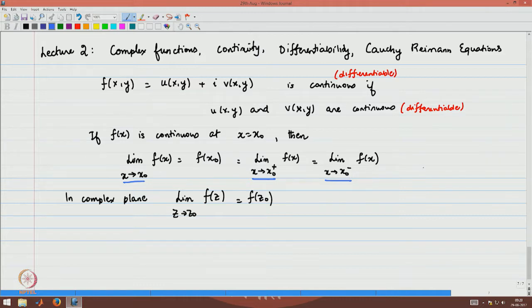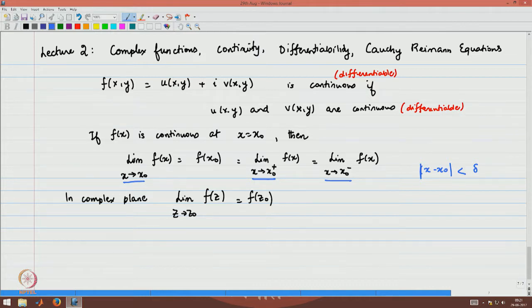Or you say that the absolute value of x minus x 0 is less than delta, some small number. This is the formal definition of this limiting procedure.